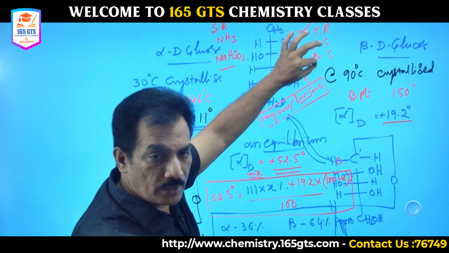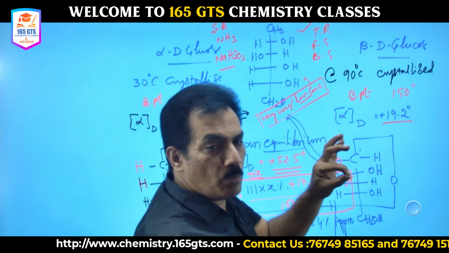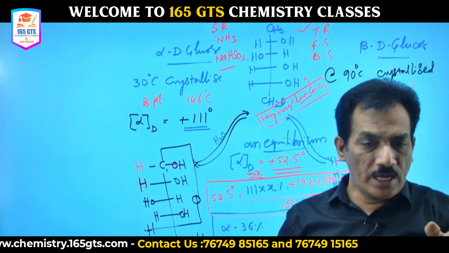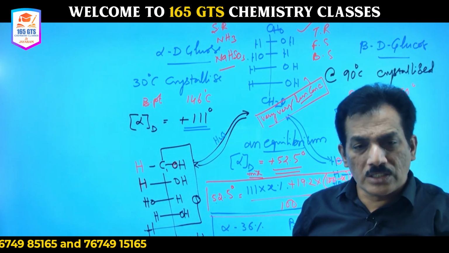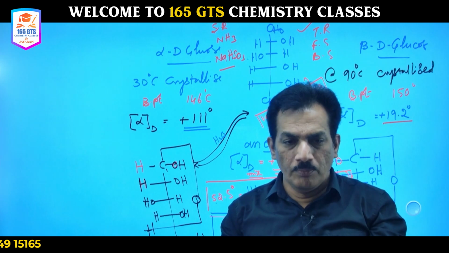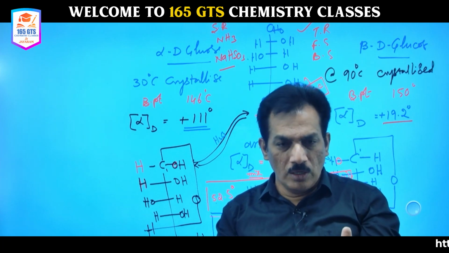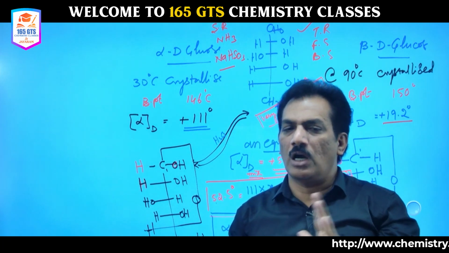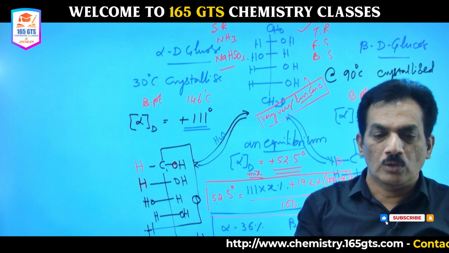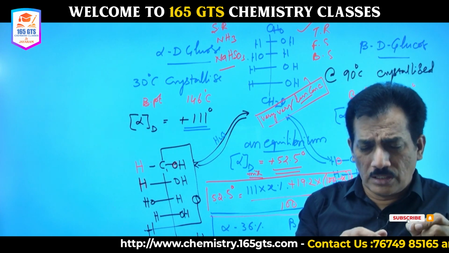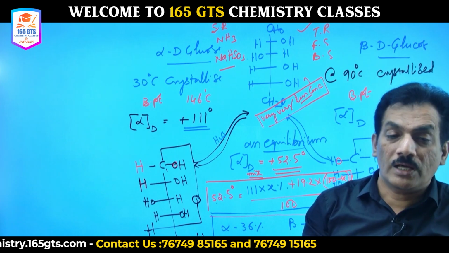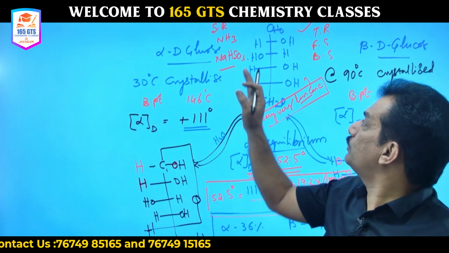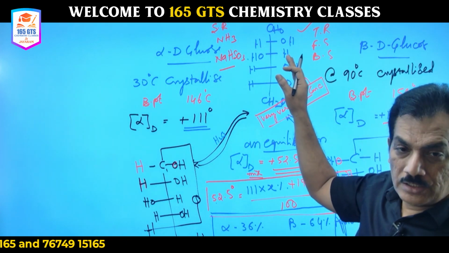Very important point: the open chain form of glucose has very low concentration in equilibrium because it is highly unstable. Immediately it has to convert into the alpha or beta form. So in that conversion, just for a fraction of time it will exist in open form. That fraction of time with that low concentration is sufficient to react with these three.